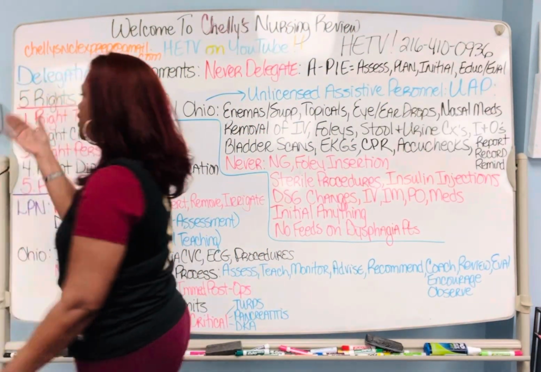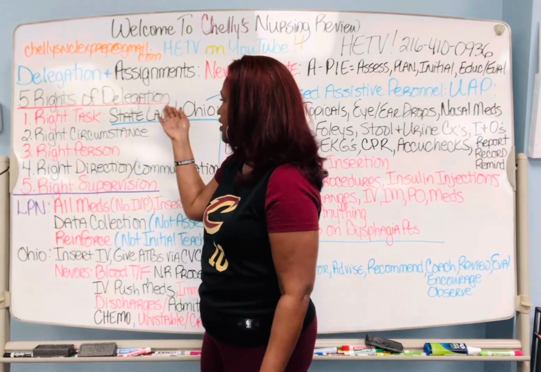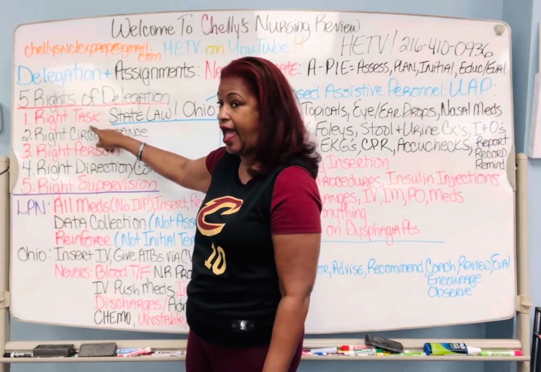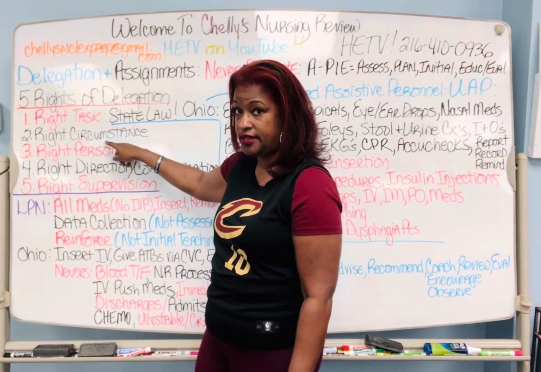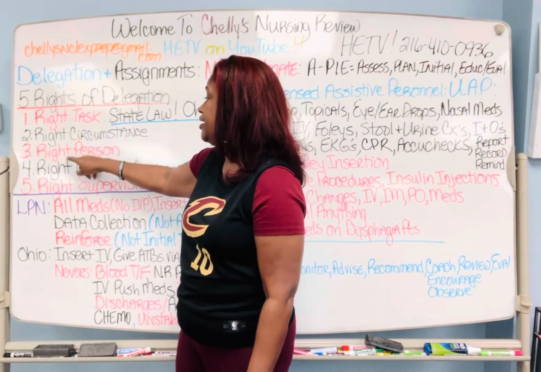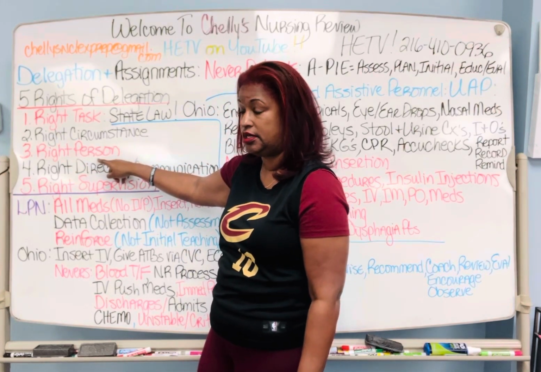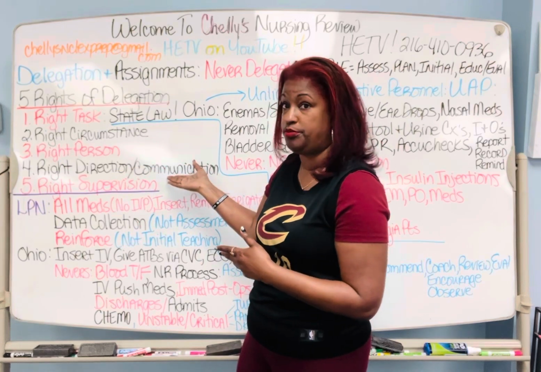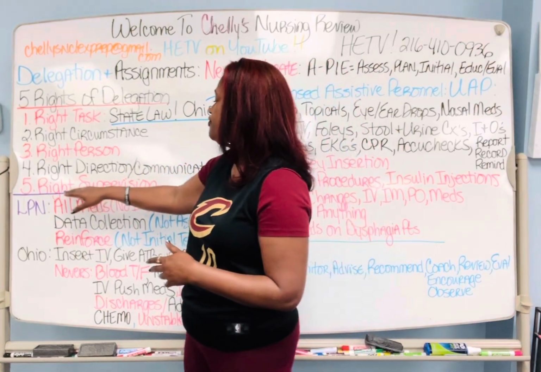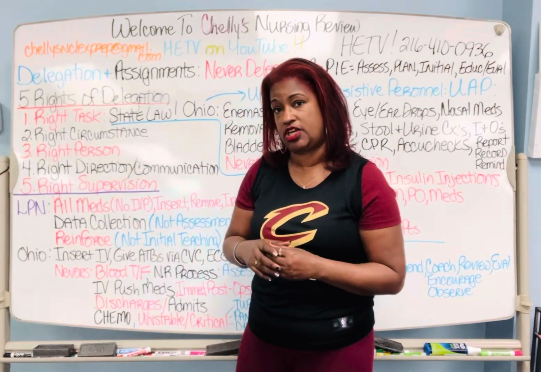So what is it? Here we go. 5 rights of delegation: the right task, the right circumstance, the right person, the right direction, which is based on the communication, and the right supervision.